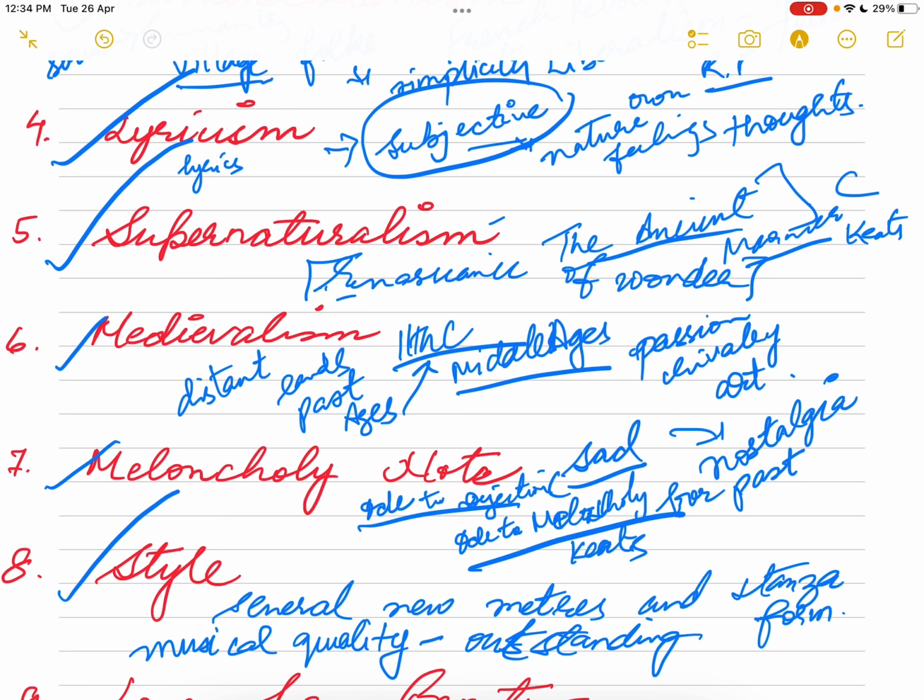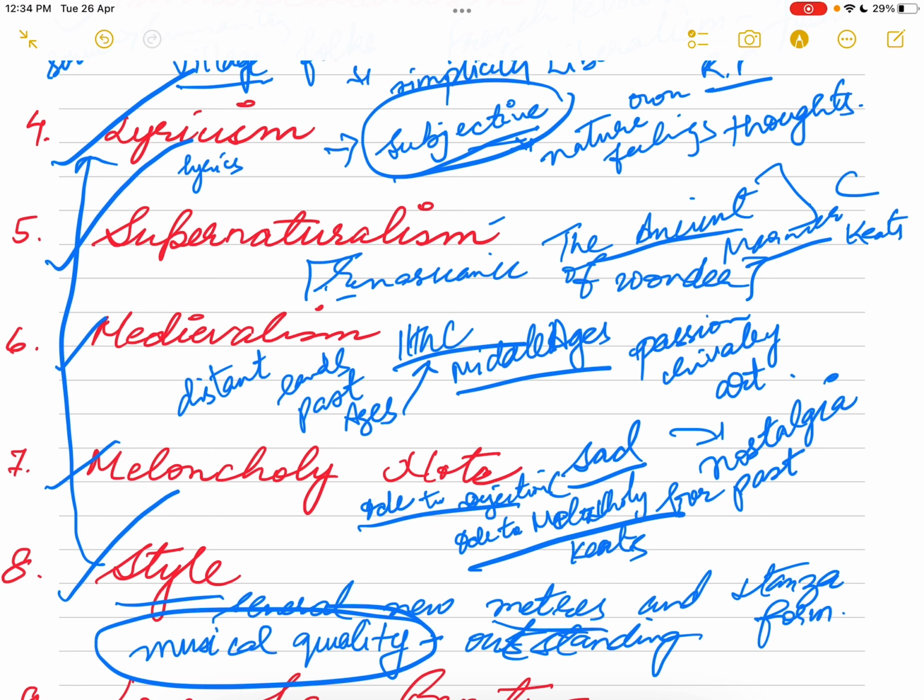Okay, the musical quality. So the style and the lyricism are somewhat the same. Lyrics, because it was subjective, and style, they introduced new meters, which means it has an outrightly different musical quality. It was melodious. Their poems could even be sung as a song. That is what it means.